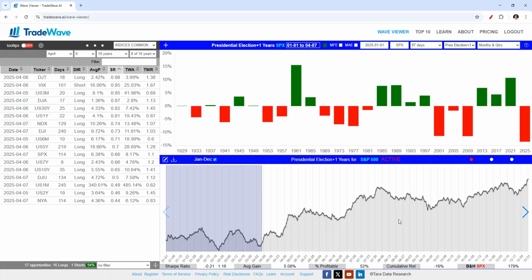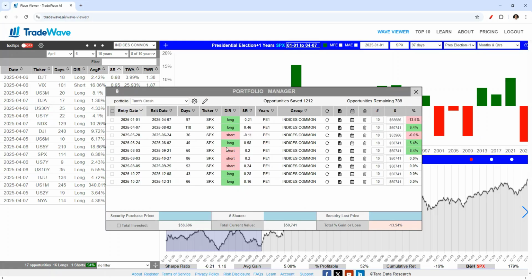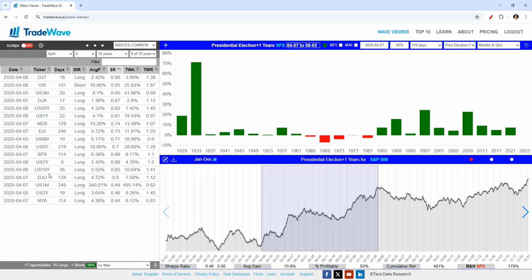So why am I saying I expect, based on high probability, there's a high chance of the markets turning around and a bullish period starting? That's because of the trend chart. The trend chart is showing right now an up move. Let's take a look at what that means. Here it is.